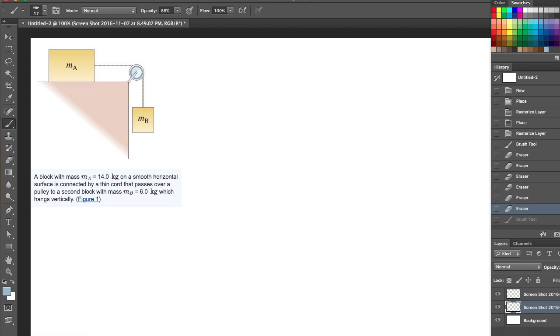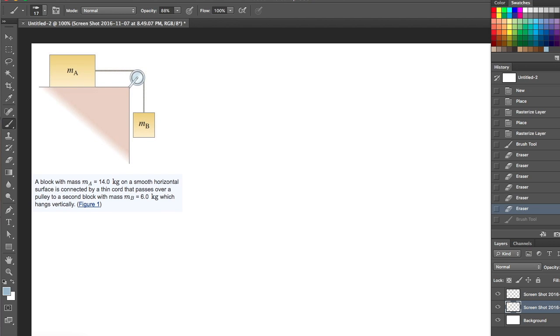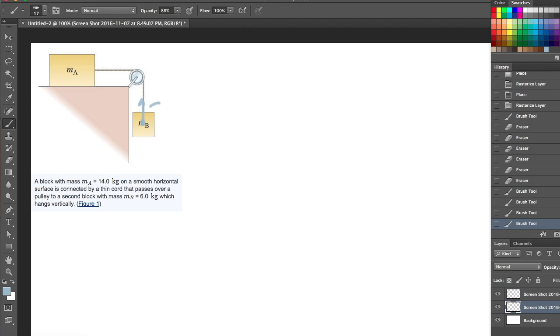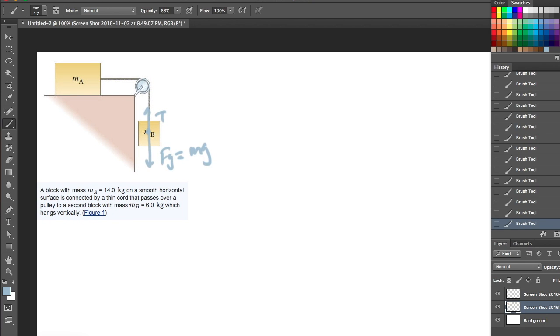Before we start, the first thing you have to do is draw some free body diagrams for both MB and MA. Let's start with MB. There's tension pulling up, and there is a force of gravity, which is equal to the mass times gravity. For block A, there's tension in this direction, but like we said before, there is no friction.